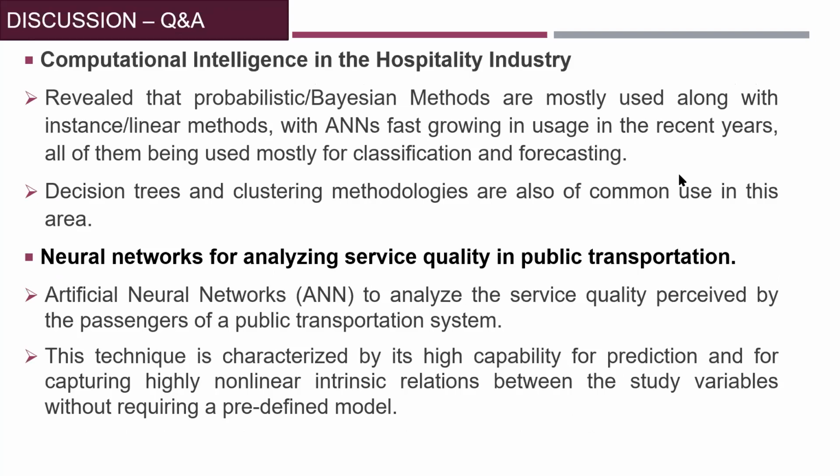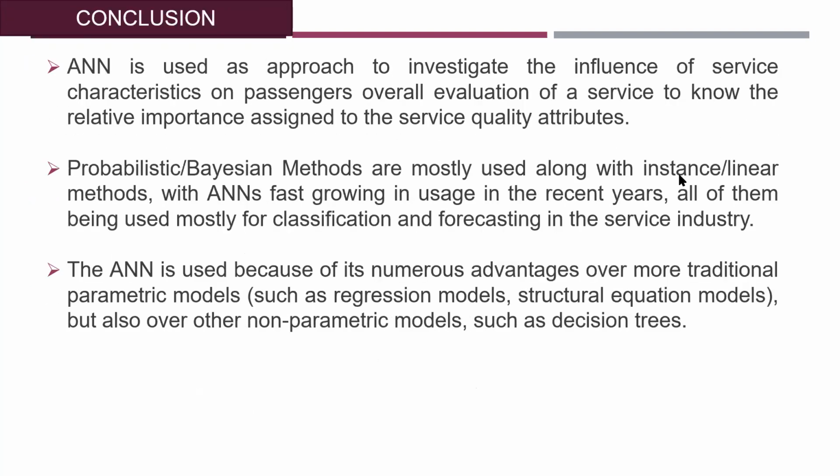As discussion, this is the comparison between the results of the two researches. And the conclusion: ANN is used as an approach to investigate the influence of service characteristics on passengers' overall evaluation of a service to know the relative importance assigned to the service quality attributes.